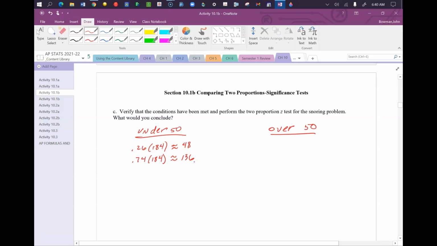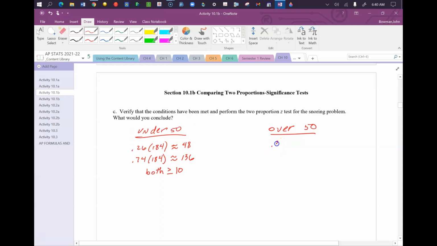So both of those are at least 10, so we meet that condition of approximate normality for the sampling distribution for that population, or for samples from that population.